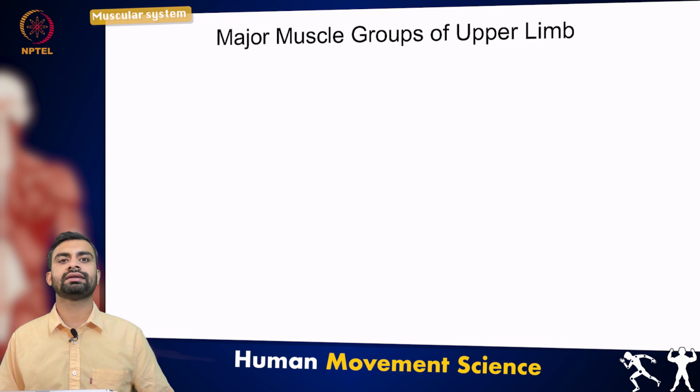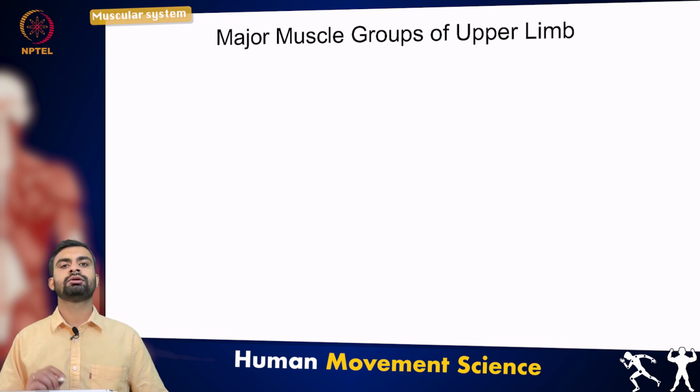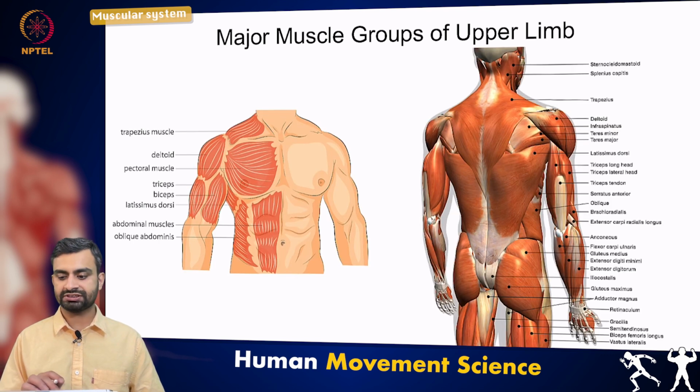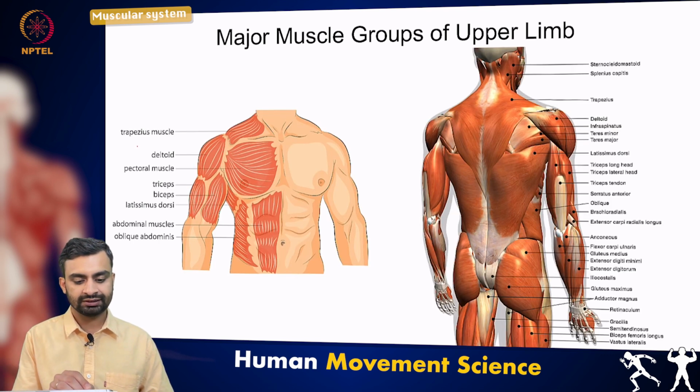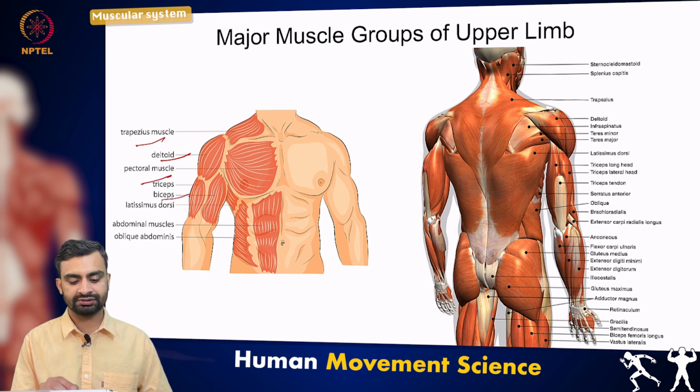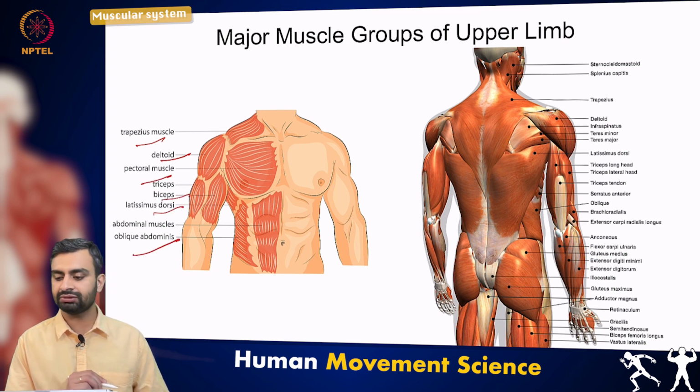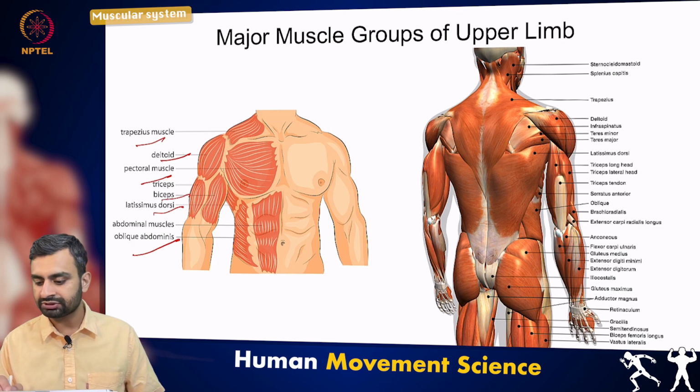Now we will look at the major muscle groups present in the body, starting with the upper limb, and then we will move towards the lower limb. Here we can see the major muscle groups present on the upper body, such as trapezius, deltoid, pectoral, biceps and triceps, latissimus dorsi, abdominal muscles, teres group.